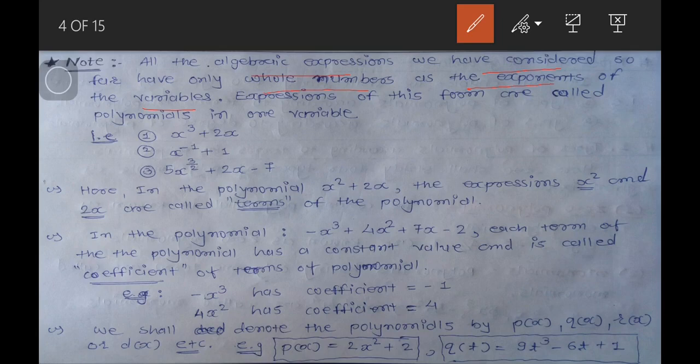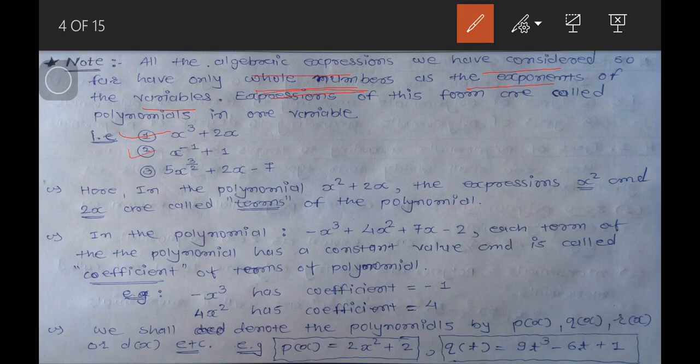In polynomials, the exponent of the variable is always a whole number, and this type of expression is called a polynomial in one variable. In the example x cube plus 2x, we have used whole numbers as exponents, so this algebraic expression is known as a polynomial in one variable.